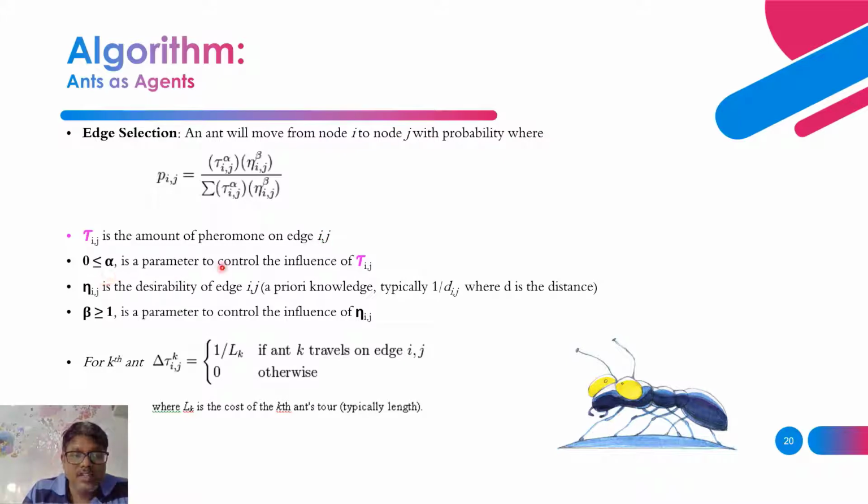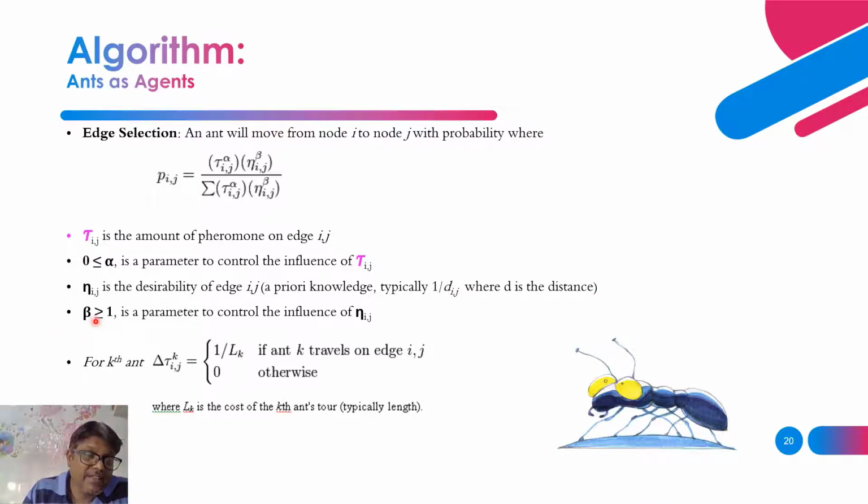The alpha is the parameter used to control the influence of tau_ij, and alpha should be greater than or equal to 0. Eta_ij is the desirability of the edge, and typically it will be 1 by d_ij, where d is the distance.